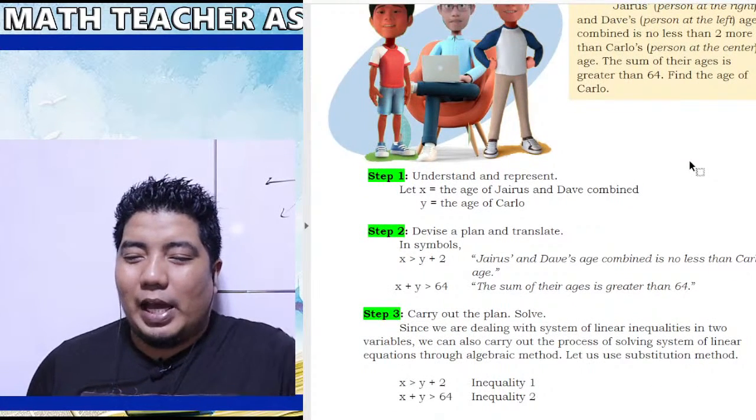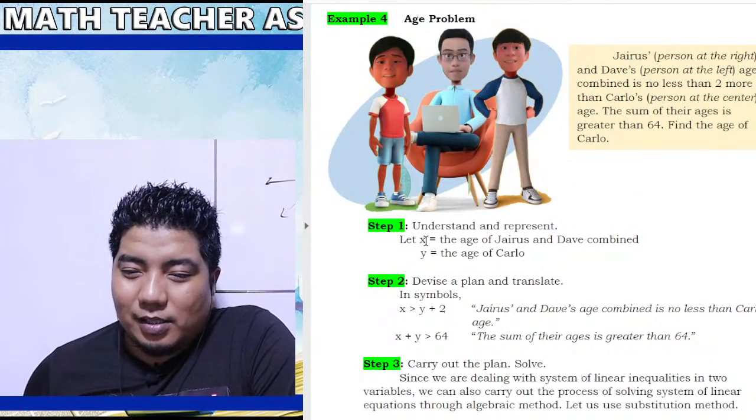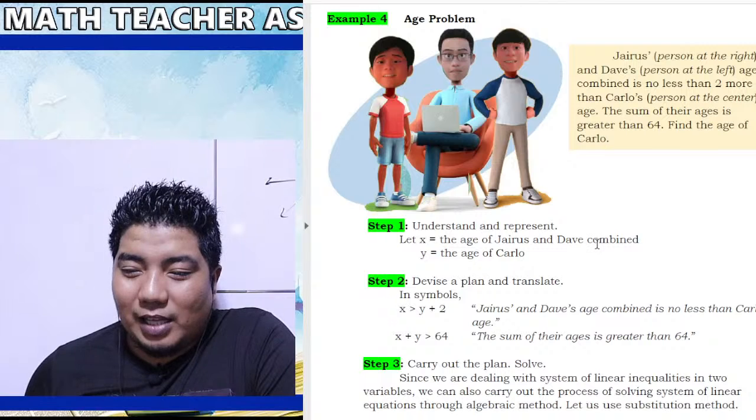Okay. So, how do we do this? Okay. So, it's like this, my dear math learners. What we will do is let X be the age of Jairus and Dave combined.